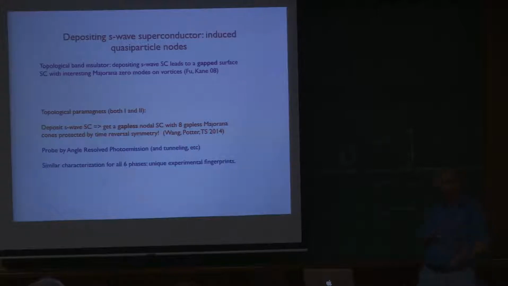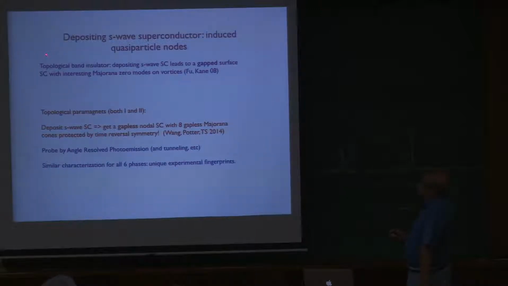It will pair them up. There will be some proximity-induced pairing. And in this resulting gapped surface superconductor, the vortices have zero modes, which are Majorana fermions. So this observation of Fu and Kane launched all the recent search for Majorana zero modes in a condensed matter context.